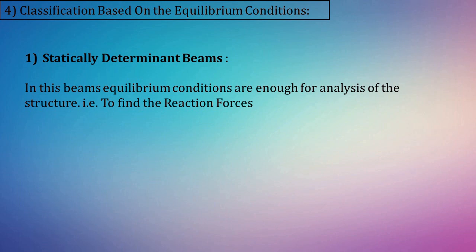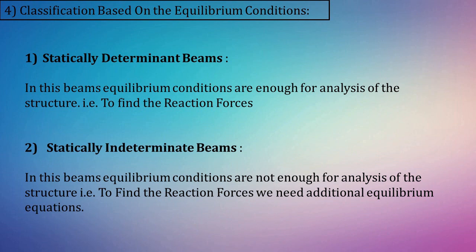Second one is statically indeterminate beams. It is the type of beam in which equilibrium conditions alone are not enough for analysis of the structure. So, to find the reaction forces, we need some additional conditions. In the next video, we will see this topic in detail. Also, we will see how to find the determinacy of beams.